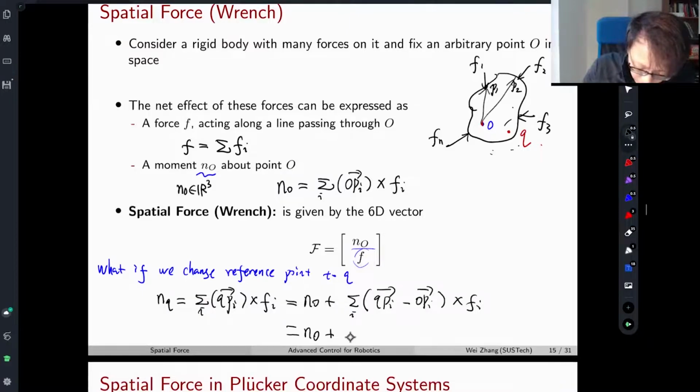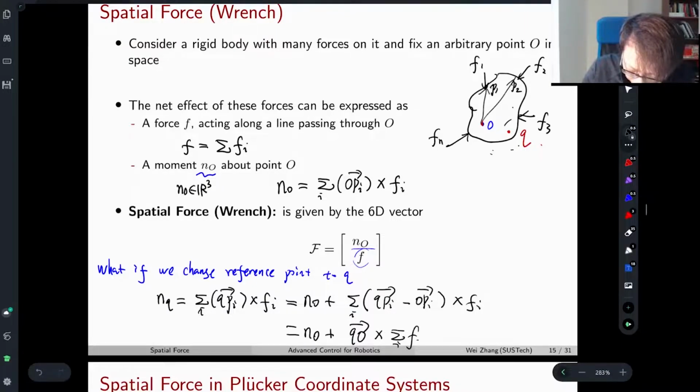Overall, you will have Q to O cross F. Q to O cross the summation, because Pi is independent, of Fi. So overall, this is NO plus QO cross F.